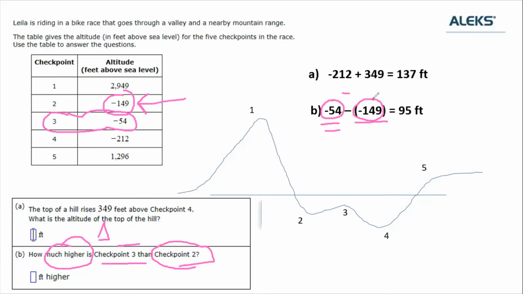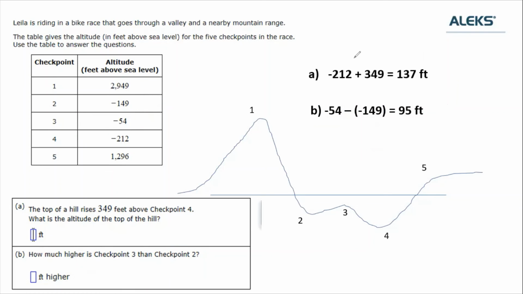You can type it in the calculator just like that, or you can analyze the signs. Negative will be positive 149, subtract 54. The answer that we get is 95 feet. That is the difference between the two. So that will be the solution.